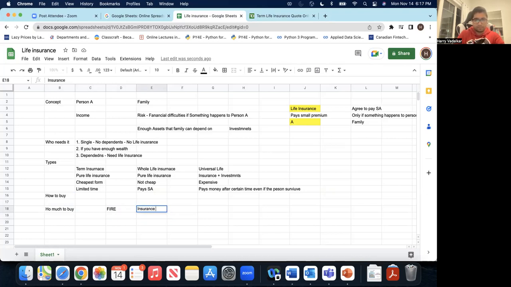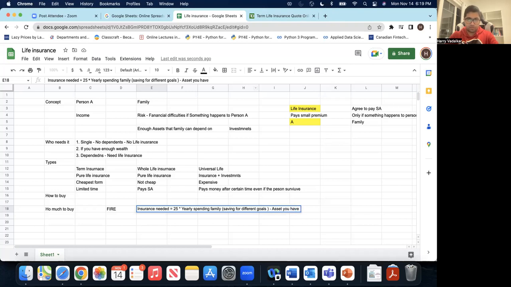So insurance needed equals 25 times your yearly spending as a family, which includes savings for different goals, minus the assets, or rather the investments, you have for insurance purposes that you can allocate to your family.